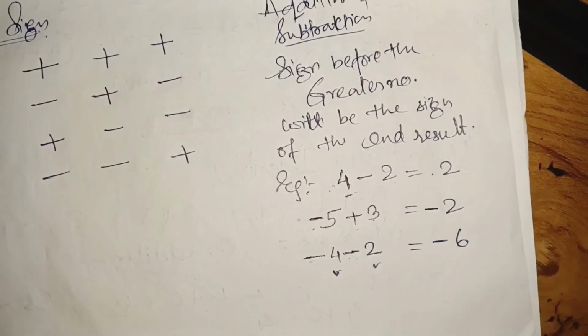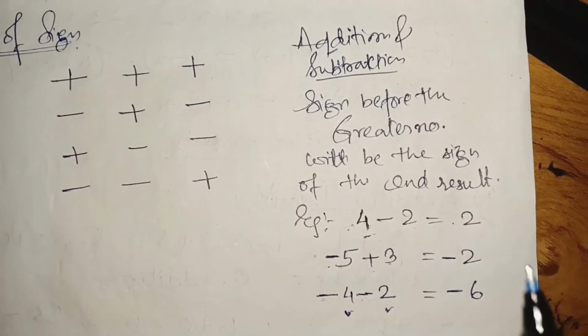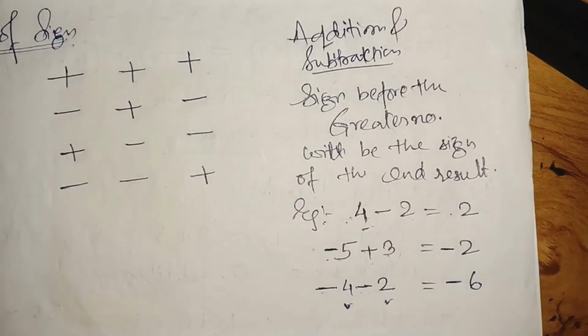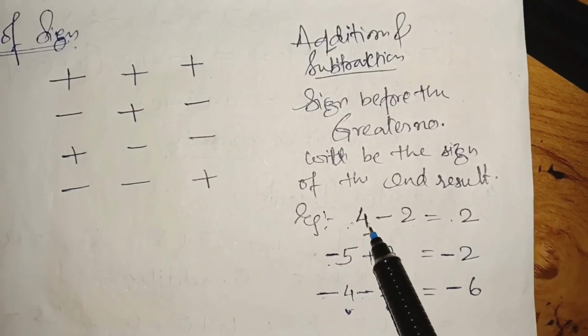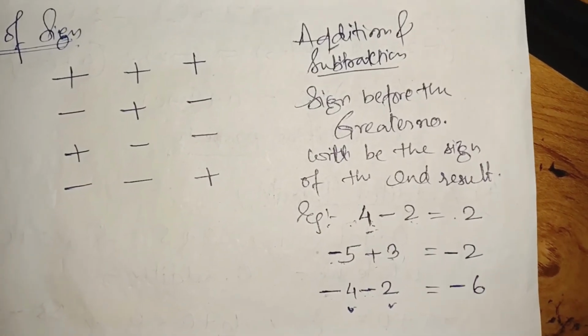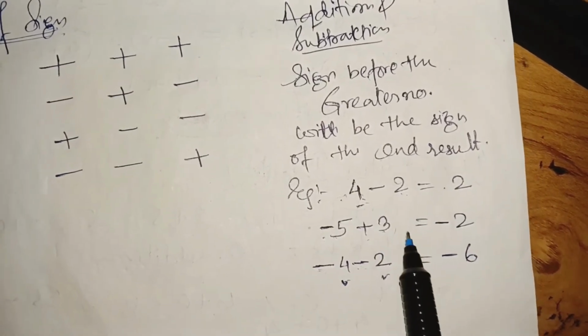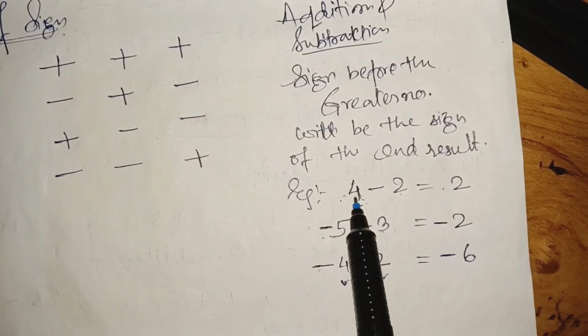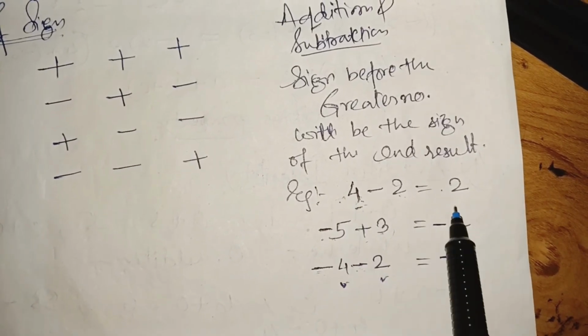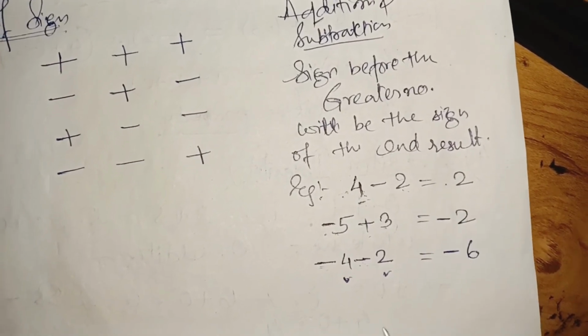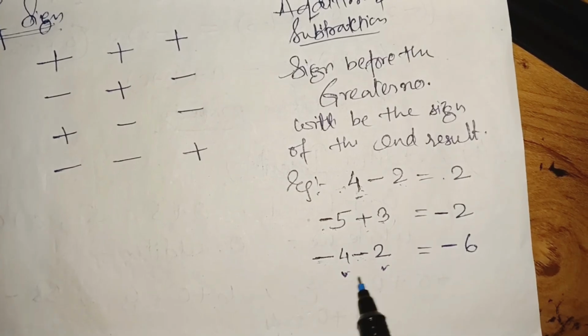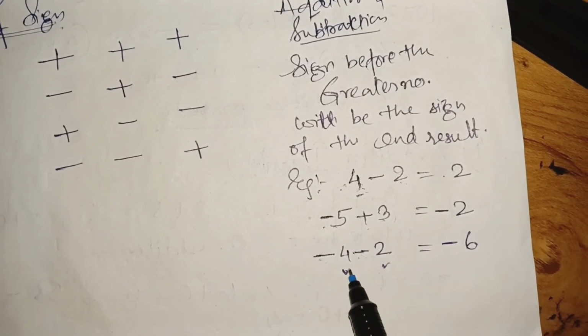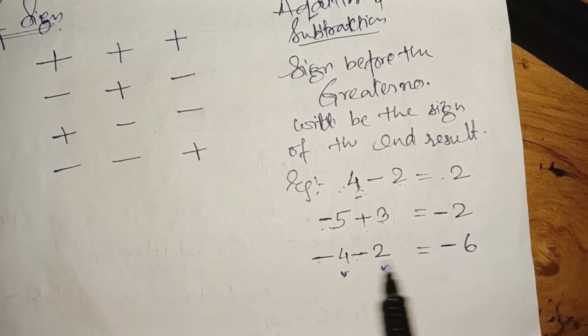Got it? So just keep in mind that while doing addition and subtraction, if we have a positive number and a negative number, whichever number is greater, whatever the sign before it, we will put that sign in the end result. But if both the numbers are negative, then we will add the numbers and put the negative sign.